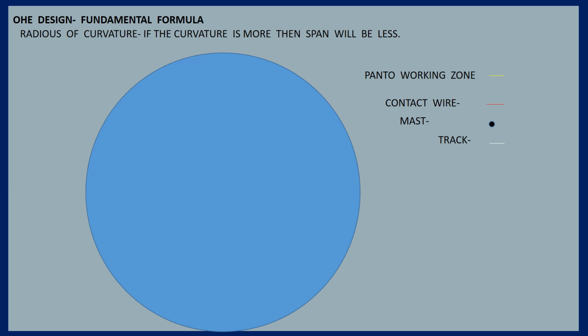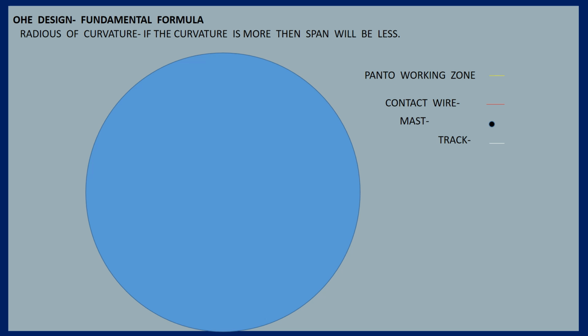Less than this, 27 meter can be used in the siding where it cannot be avoided, and it can be reduced to 18 meter also: 18, 22.5, then 27. But it is an exceptional case, mainly in unimportant lines, sidings or where slow speed trains run. There you can utilize it.